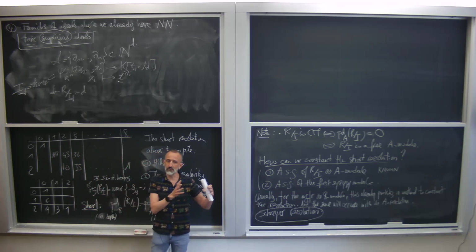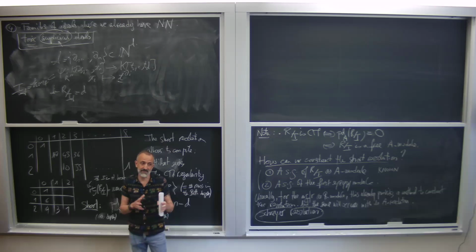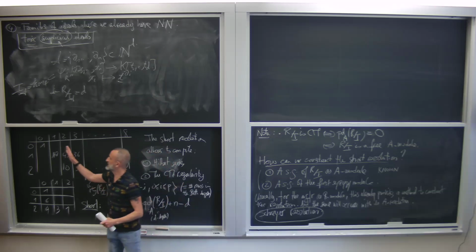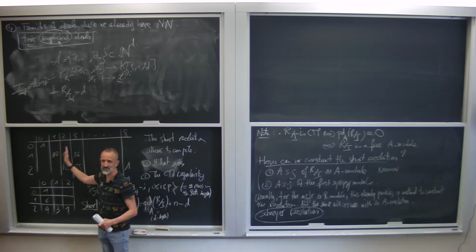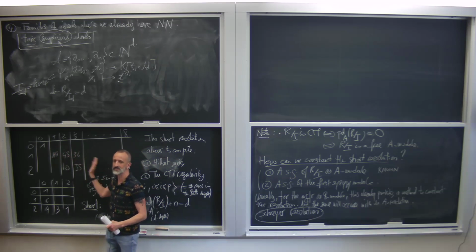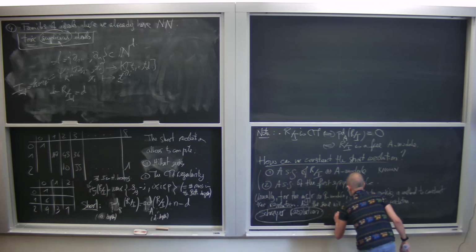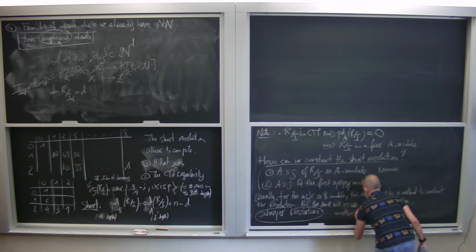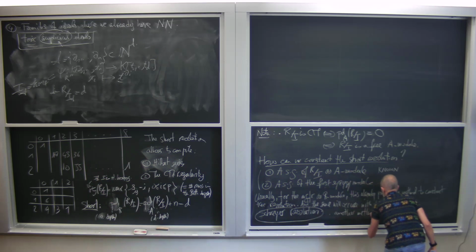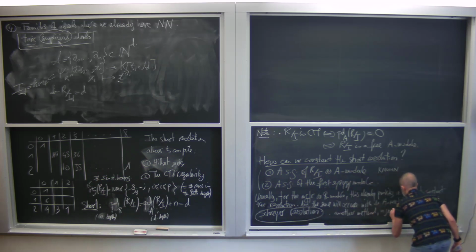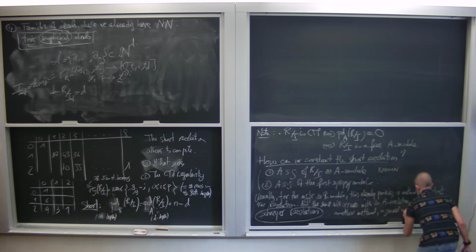So you can make it minimal at the very end. And this is in general more efficient than making it minimal at each step and computing a new Gröbner basis and so on and so forth. Okay, so this is another method, which is in general more efficient.